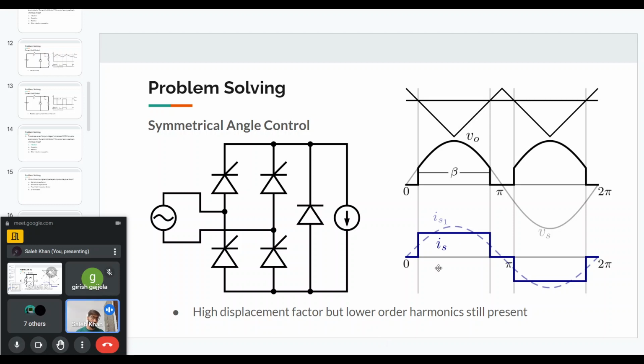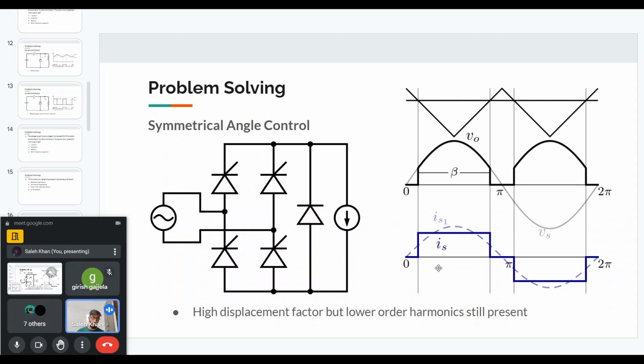And the problem with having lower order harmonics is that it is difficult to filter them out compared to higher order harmonics. Because when we have a filter, for example an inductive filter, the impedance of that inductive filter depends on the frequency of the current. If the current is at a higher frequency, the omega L, which is the impedance of that inductor, will be higher because omega is high.